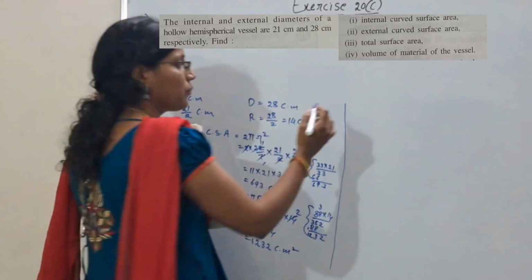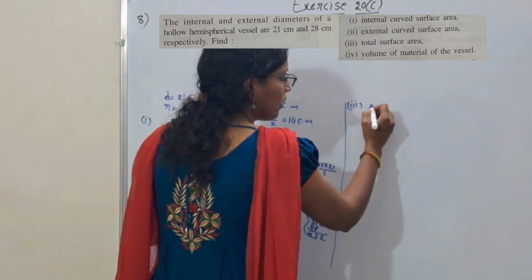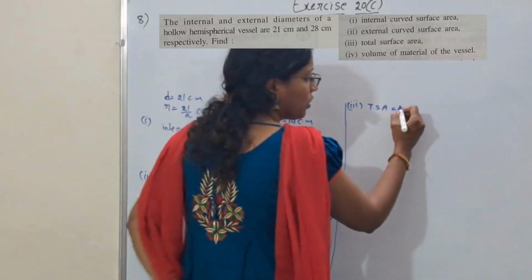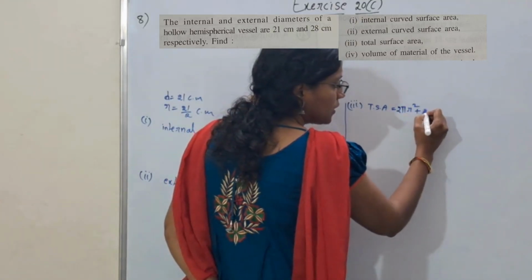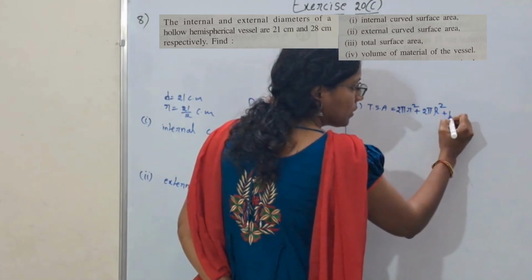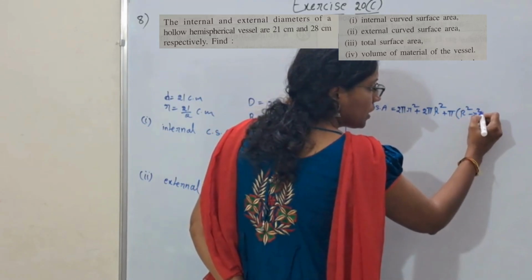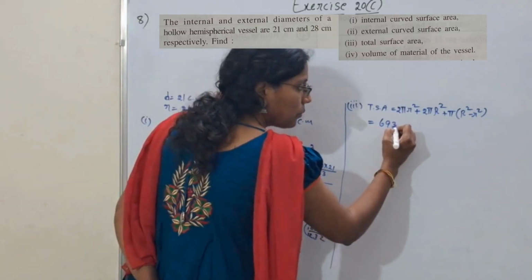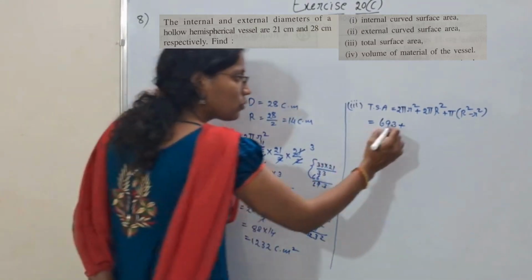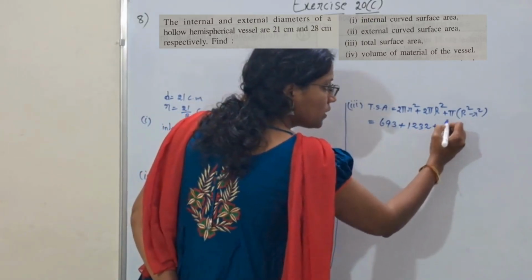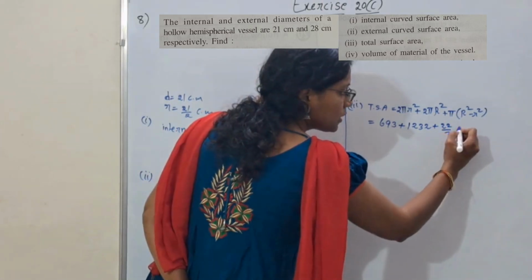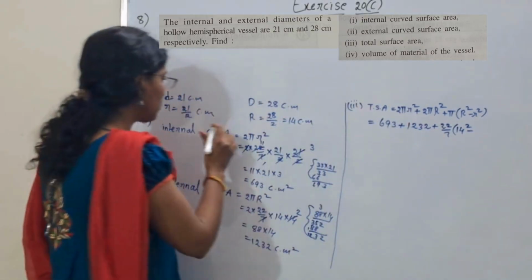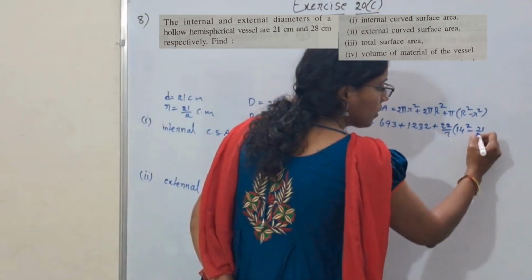Next. Third one, total surface area. Total surface area is equal to, full formula we have to write, 2 pi r square plus 2 pi capital R square plus pi of capital R square minus small r square. Here 2 pi r square value already we know, 693, plus here 2 pi capital R square, 1232, plus here pi value is 22 by 7 into capital R 14 square minus small r 21 by 2 whole square.